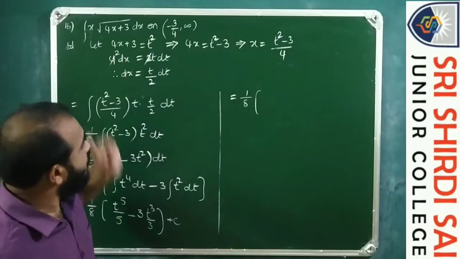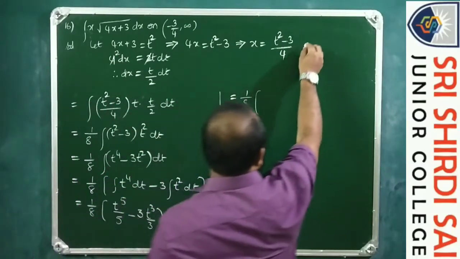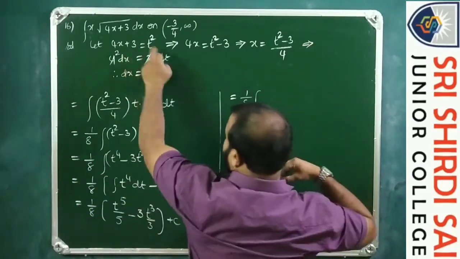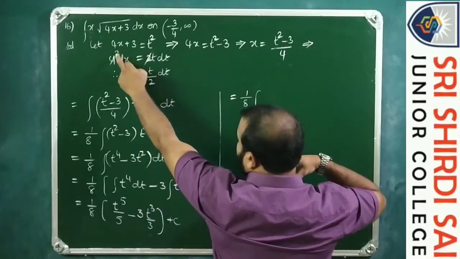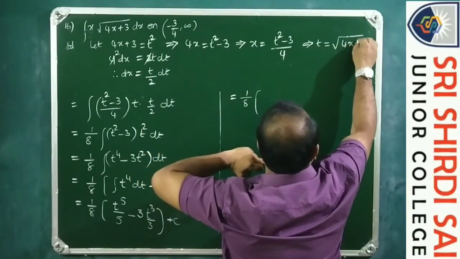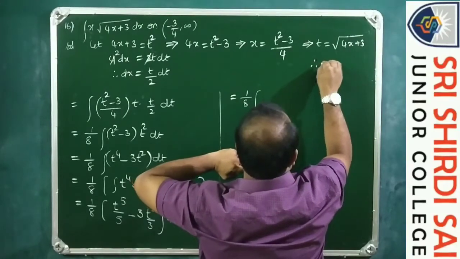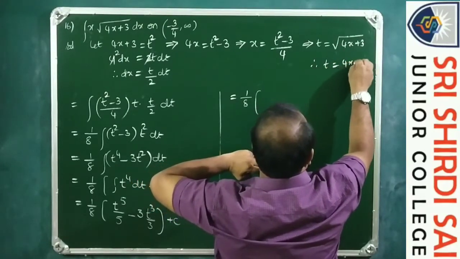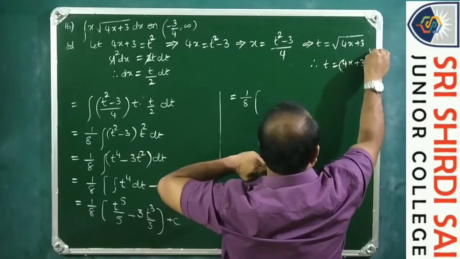so 4x plus 3 is t square. From this t is equal to root of 4x plus 3. So therefore t is equal to 4x plus 3 whole power 1 by 2.